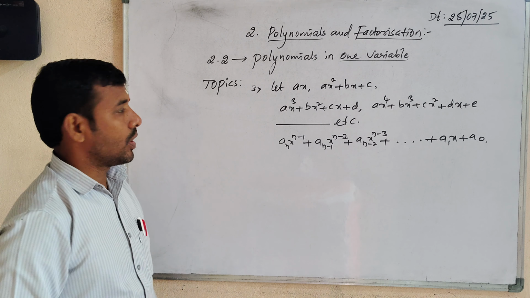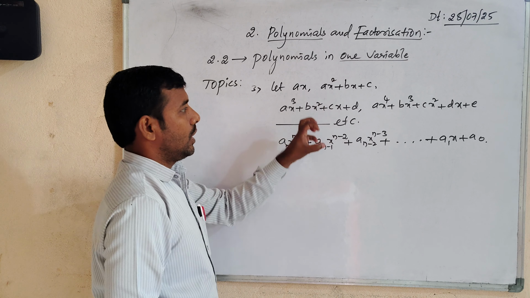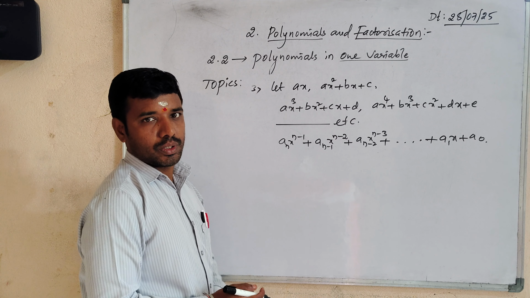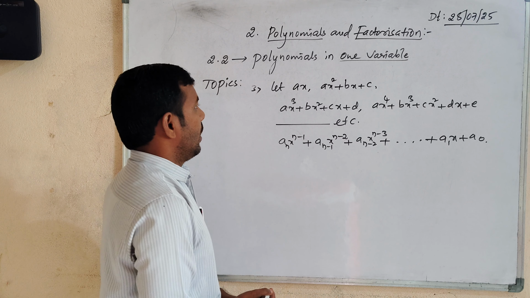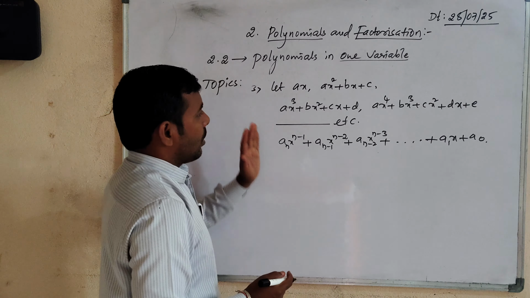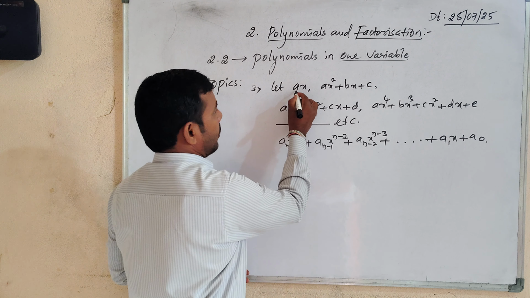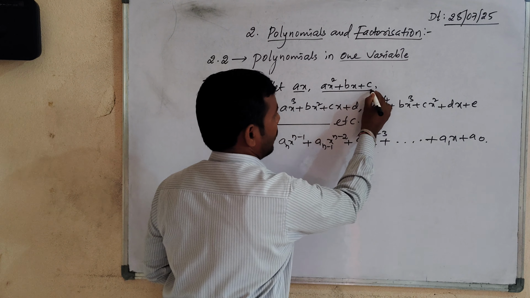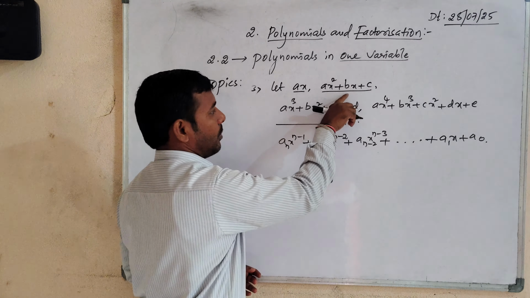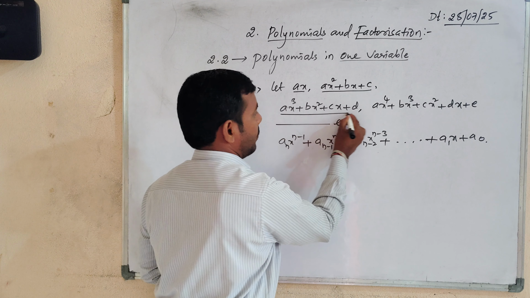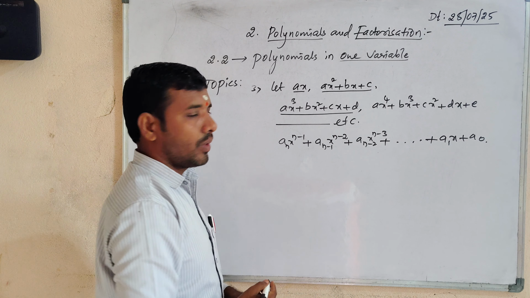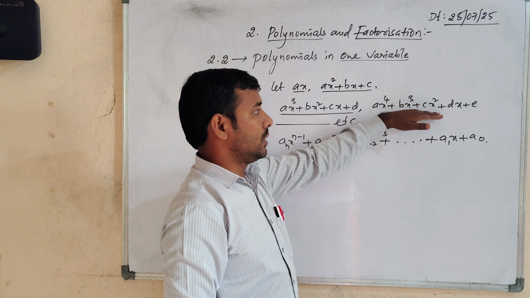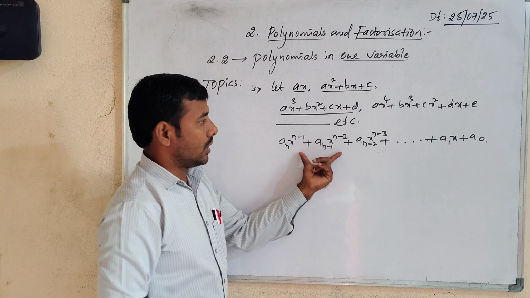Students, observe carefully. Based on this, I can give many examples. But the thing about this third topic is, this is one of the polynomials having variable x. This is also one of the polynomials having variable x. Similarly, this also and this also.